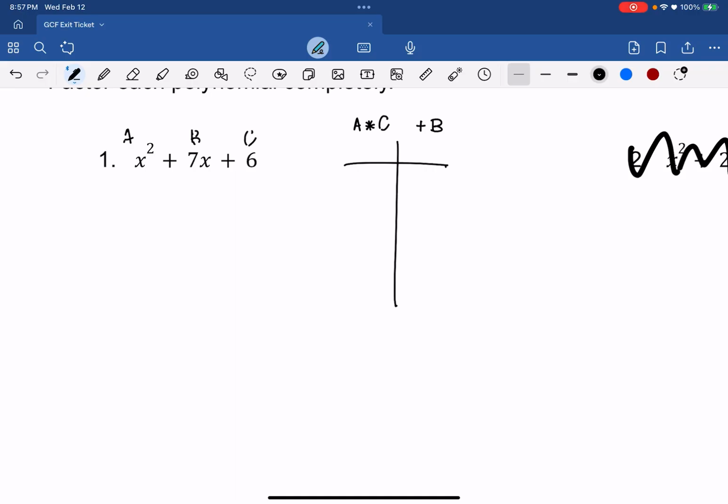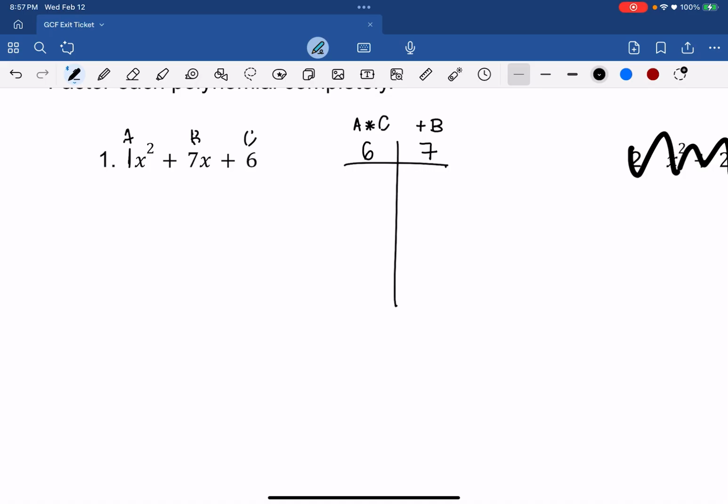Technically this is an imaginary 1. This is the only time that our trick is going to work, if a equals 1. Because when I go to multiply a times c, 1 times 6 is 6, and then I want it to add to whatever b is, which is 7.